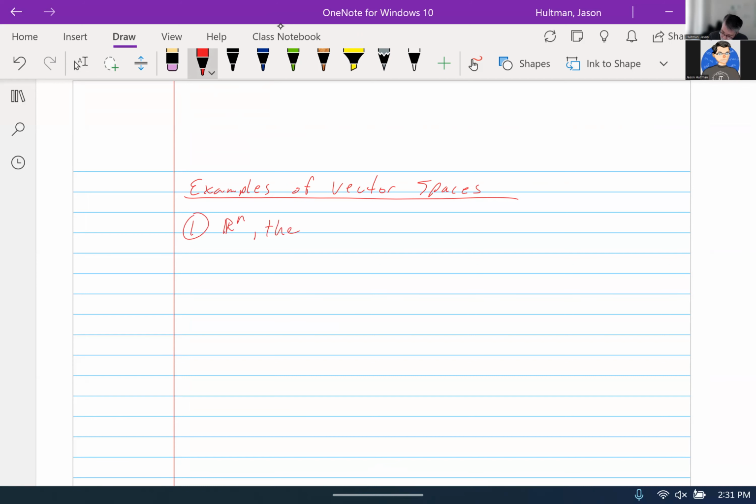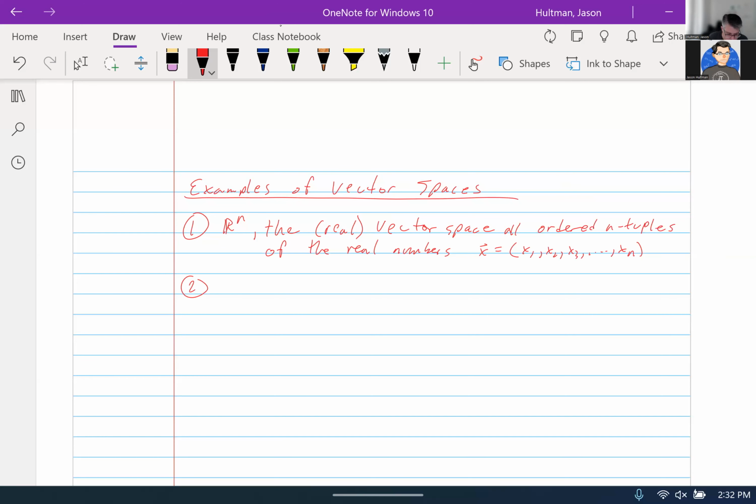The real vector space of all ordered n-tuples of the real numbers, in which we could say that the vector x is equal to x1, x2, x3, dot, dot, dot, xn.